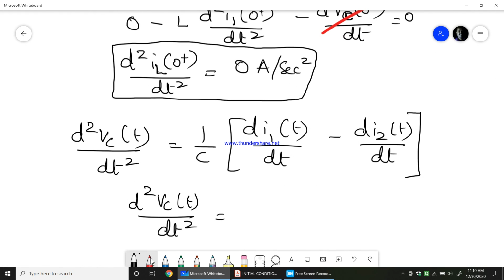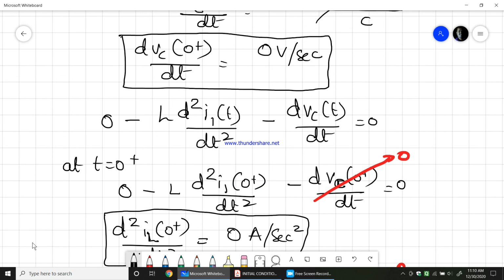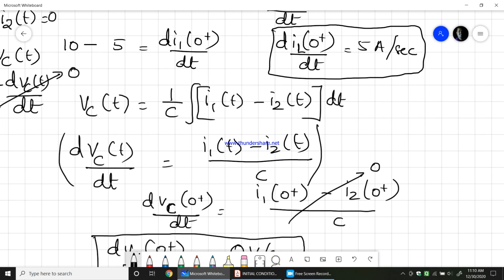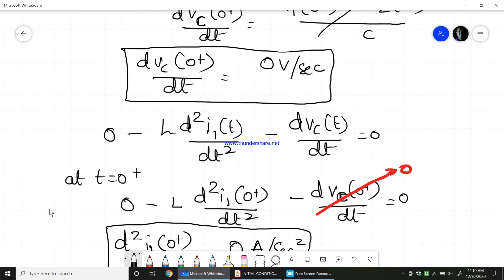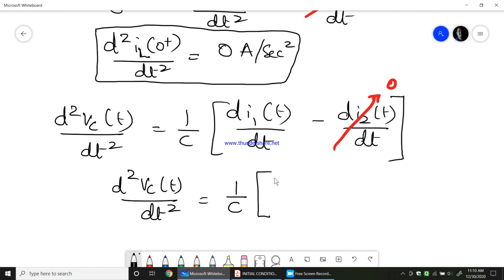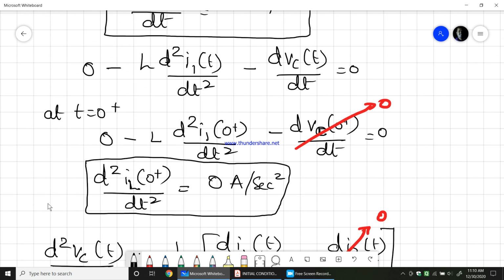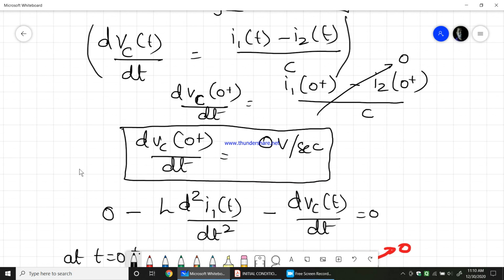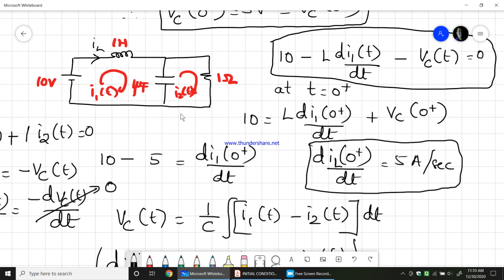I am sorry, both are not equal now. This is 0. Therefore, we have 1 over c into dI1 of t by dt. What is dI1 of t by dt? 5 amps per second. So it is into 5. We know what c is. What is c in the question which is given here? So c is given as 1 microfarad.